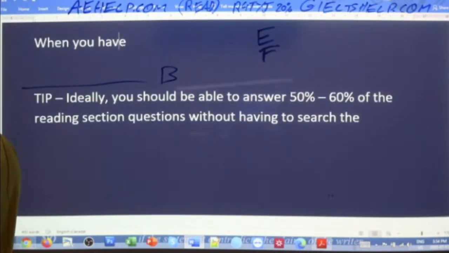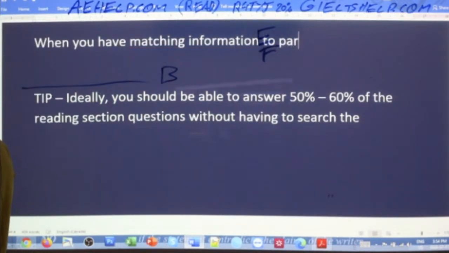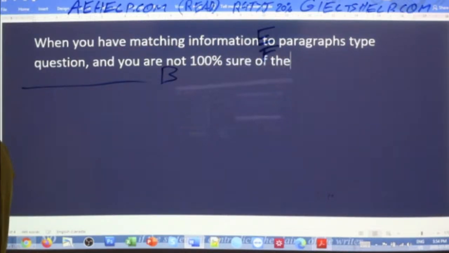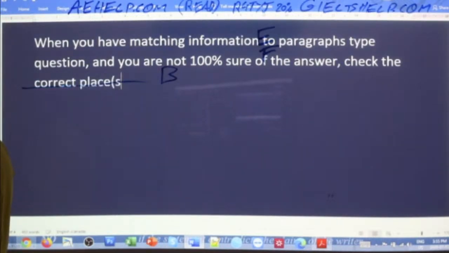When you have a matching information to paragraphs type question, and you are not 100% sure of the answer, check the correct region or places in the essay.